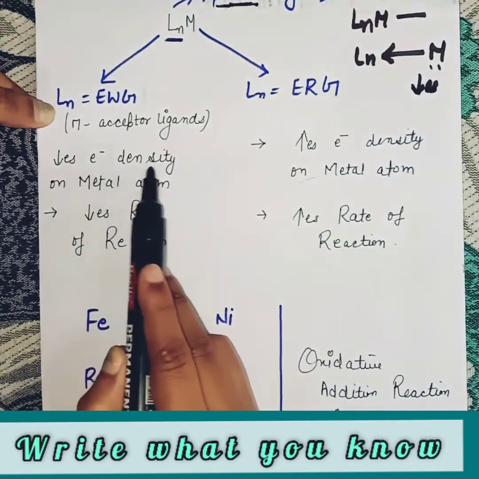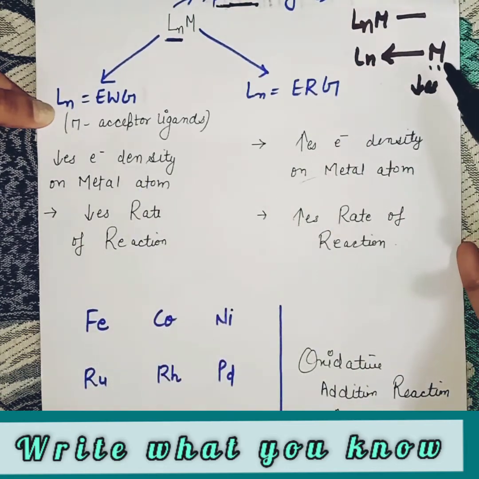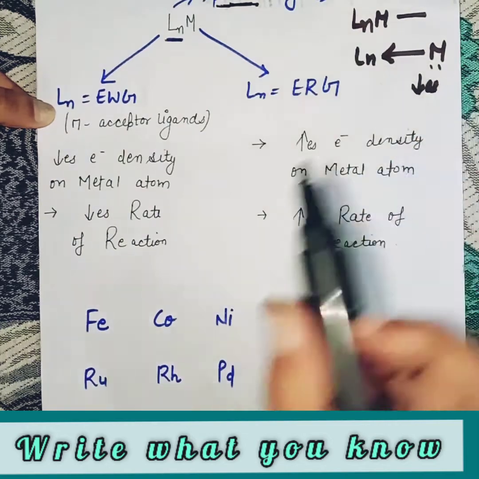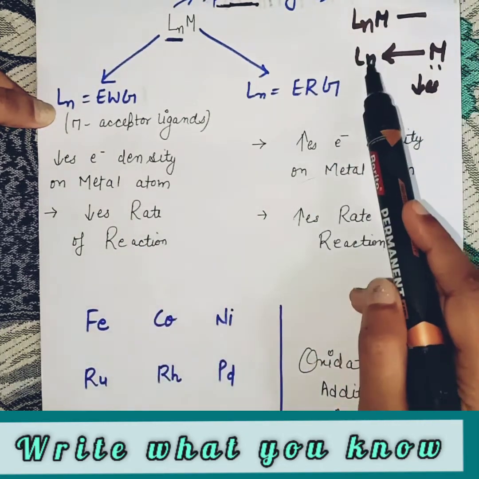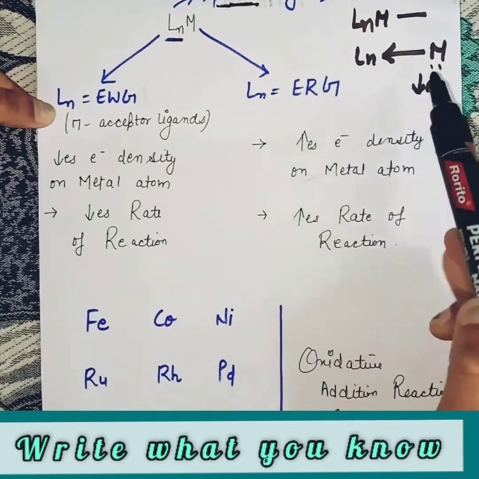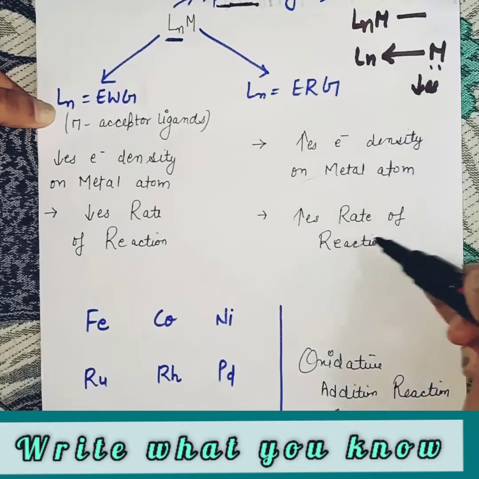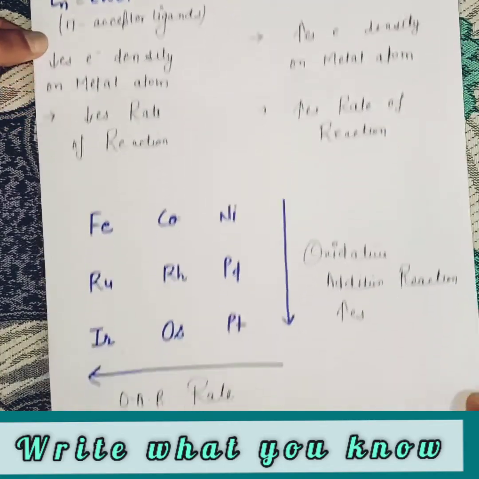If the electron density decreases on the metal atom, then it donates less electron density to its ligand and the rate of reaction decreases here. And if ligands are electron releasing, then they increase electron density on the metal atom and so the rate of reaction increases. So you must learn these things. It's very important for CSIR NET.